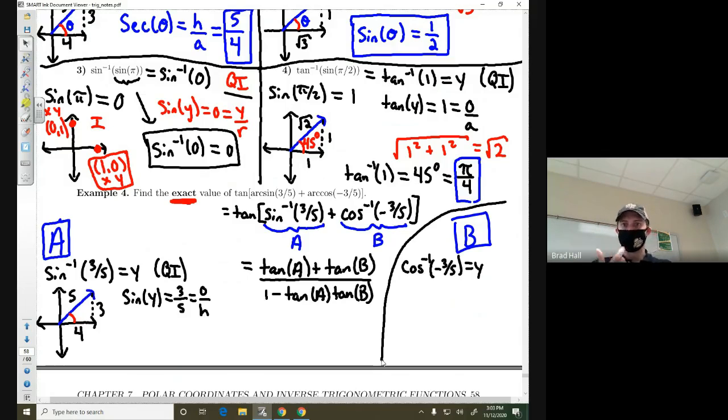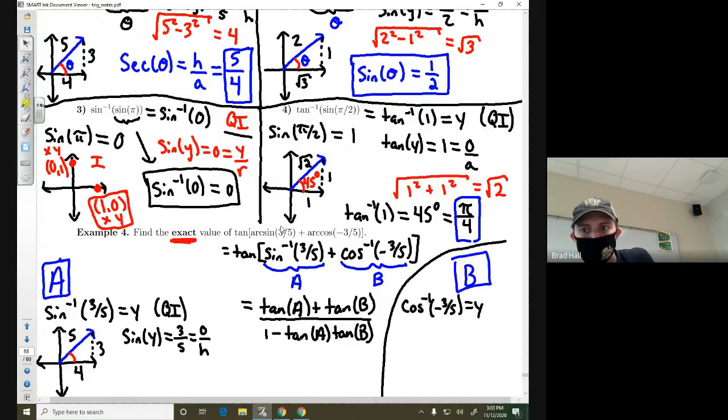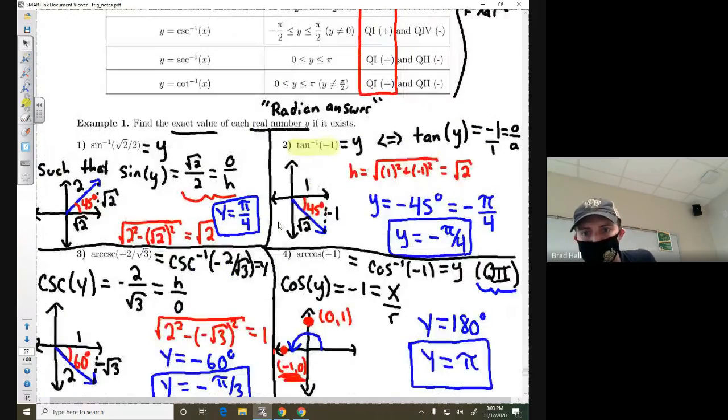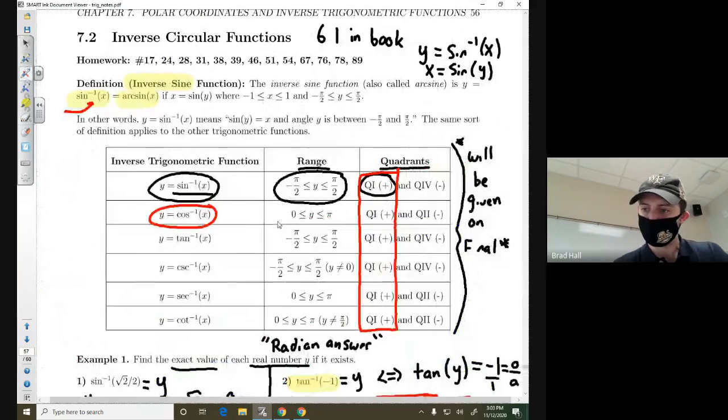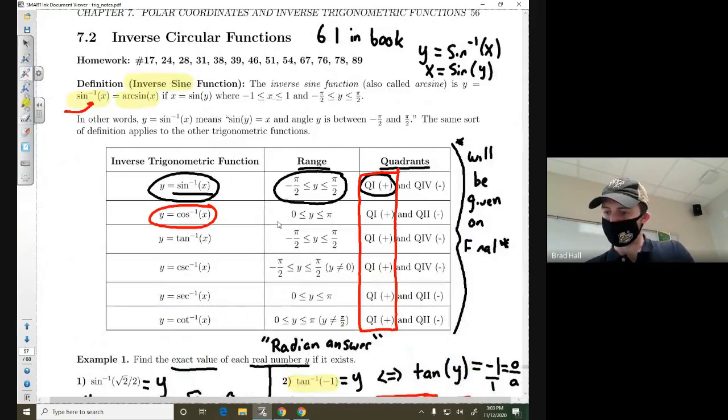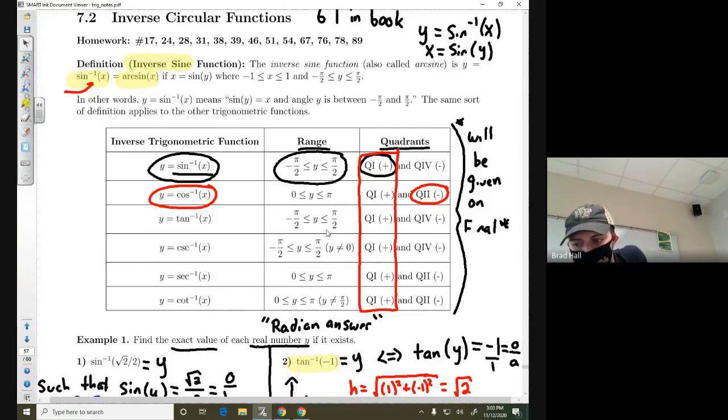Cosine inverse has a negative input, so we need to use the table to figure out what that corresponds to, which means we use quadrant 2, as per the table.